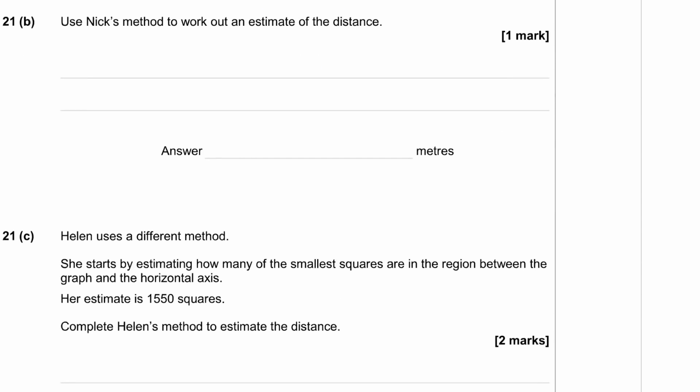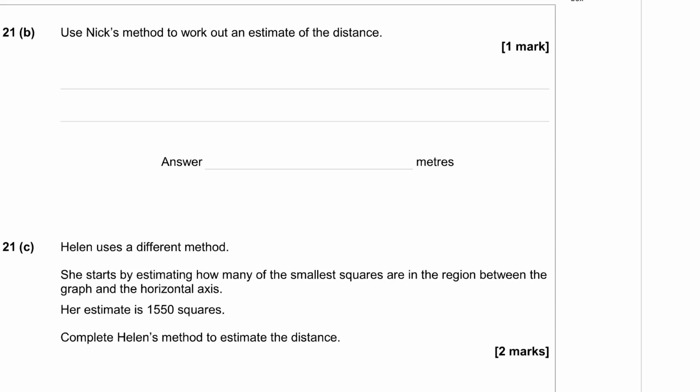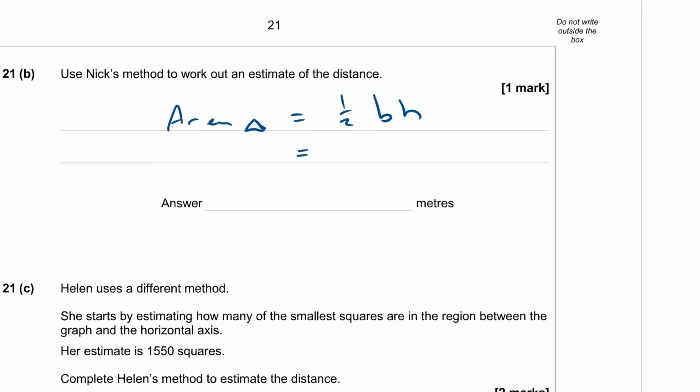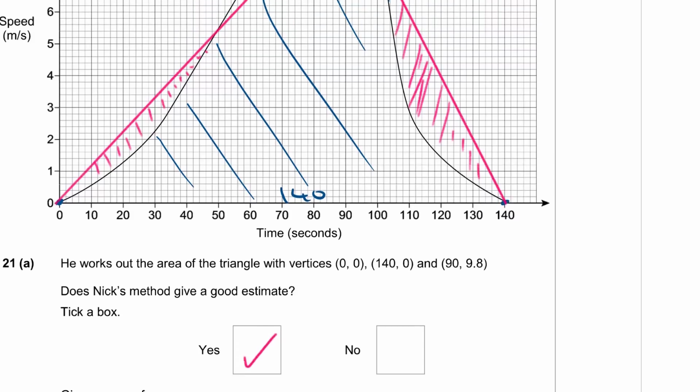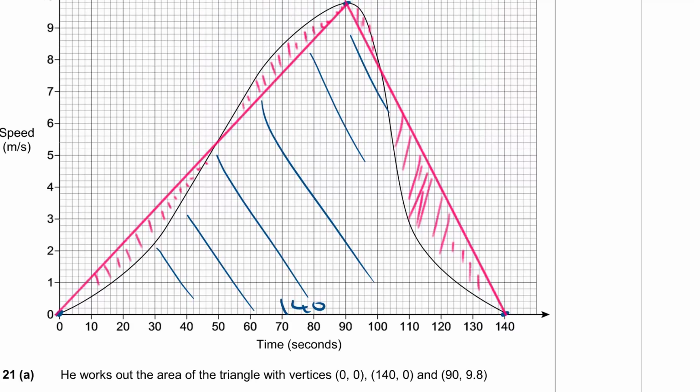Okay, so part B, use Nick's method to work out an estimate of the distance. So basically we just need to work out the area of that triangle then. Area of a triangle is half base times height. So the baseline is of length 140, which is from 0 to 140, and the height is 9.8.